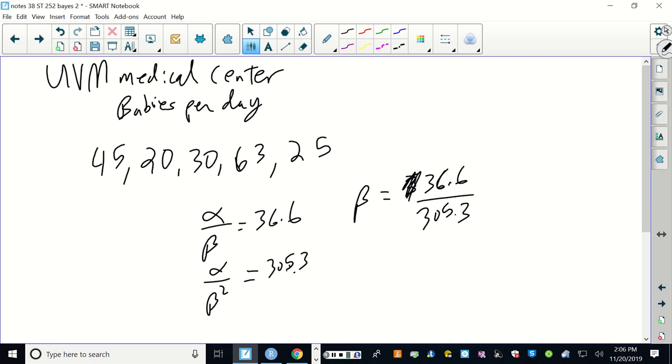And then alpha is going to be beta times 36.6, so that must be 36.6 squared over 305.3. Is that right? So this one over this one, the alphas cancel. You have 1 over beta, and in the denominator 1 over beta squared, so you get a beta flipped up to the top. So those would be something like our prior values.